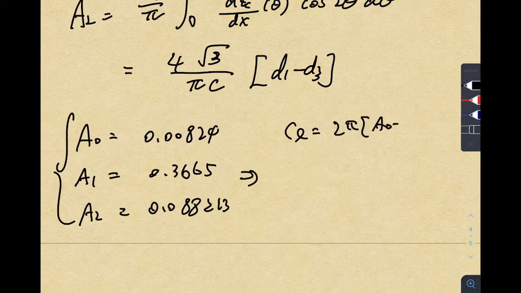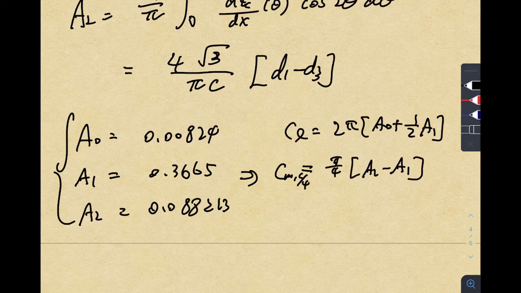Plug in this formula right here, CL equals 2π times (A0 plus 1 over 2 A1). And in terms of the aerodynamic center moment, it'll be π over 4 times (A2 minus A1).